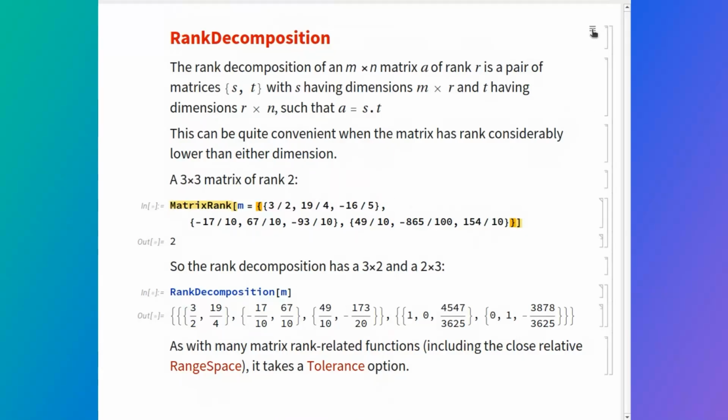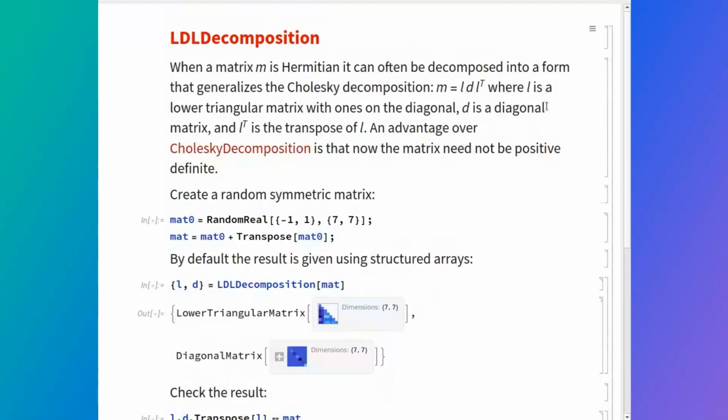Okay, so on to the next. The LDL decomposition. This is like the Cholesky decomposition, and it has been requested from time to time. It's where you have a Hermitian matrix that is not necessarily positive definite. It can be indefinite, it can be semi-definite, doesn't matter.